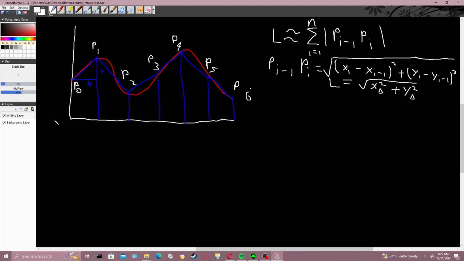Amazing. And the idea is, as you get infinitesimally small with these subsections, you will get closer and closer to our L.